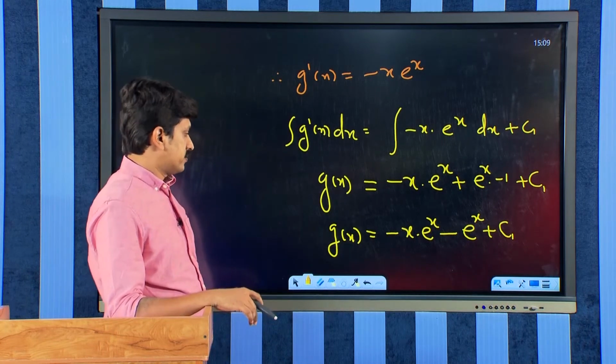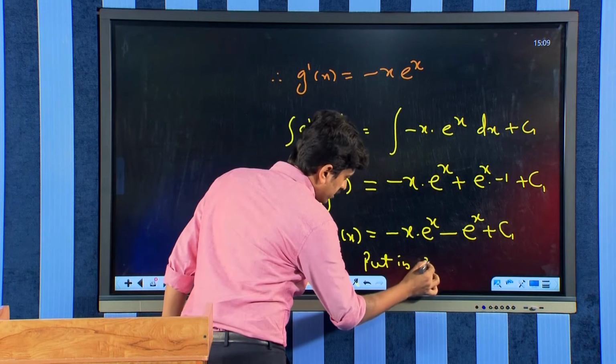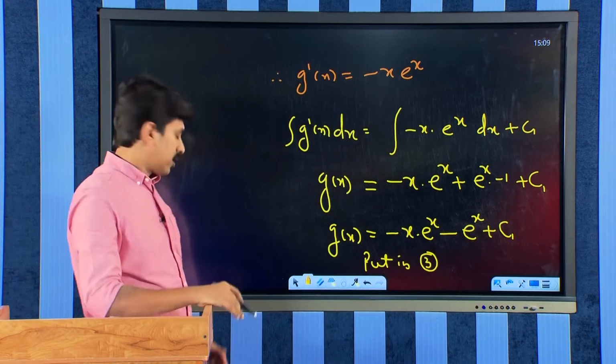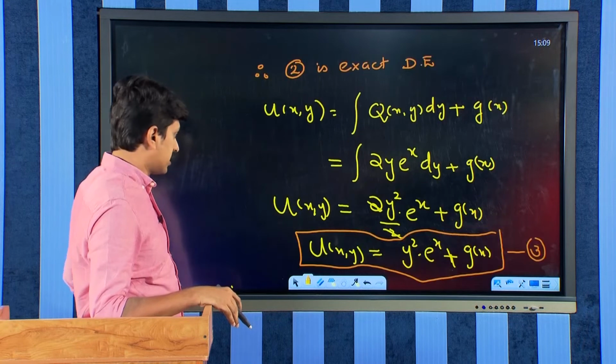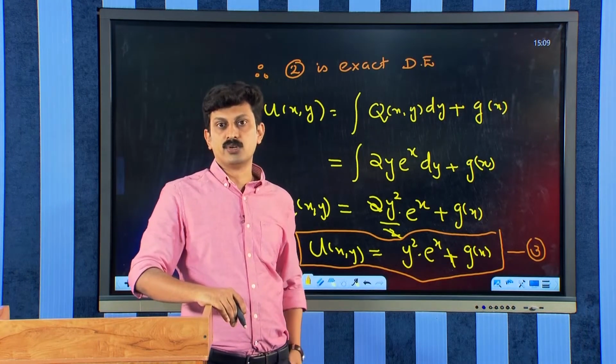Fine, we can apply this. We can go back to equation number 3. See, in equation number 3, u of x y is equal to y square e raised to x plus g of x.